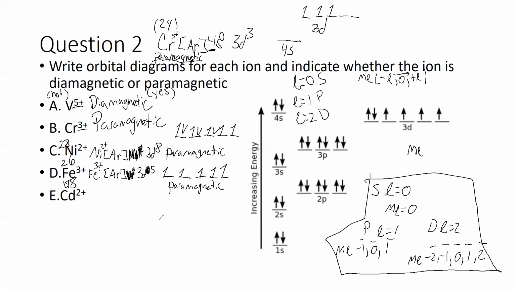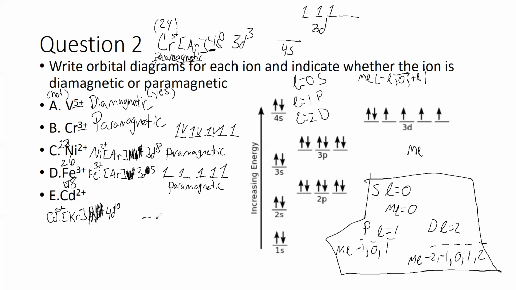Okay, cadmium 2+, which is element 48. So the noble gas before cadmium is krypton. So we can do krypton, then it would be 5s2, 4d, and it's the 10th element in the D block, so 4d10. 2 plus, so we lose 2 electrons from the 5s orbital because it's our highest number. So we're 4d10 for cadmium 2 plus.